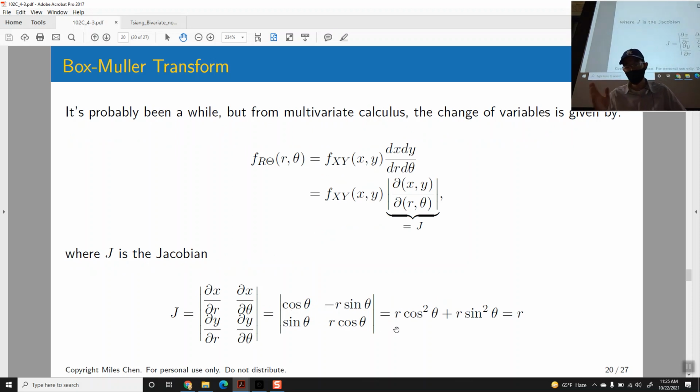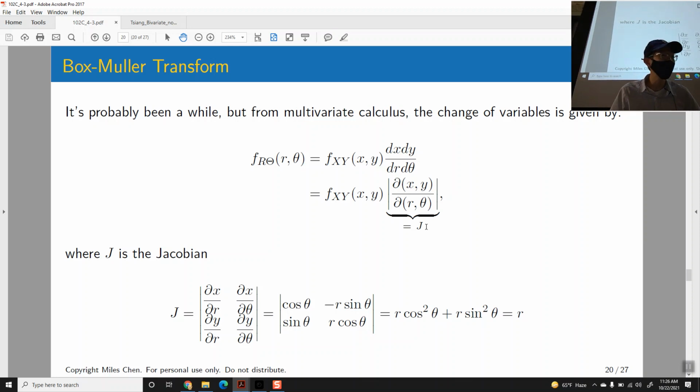It might be a while since you remember this, but when you do a change of variables, f of r, theta is going to be f of x, y, and then we have to move the dx, dy and the dr, d theta terms around. What is dx dy over dr d theta? We get the partials of x, y over the partials of r, theta.